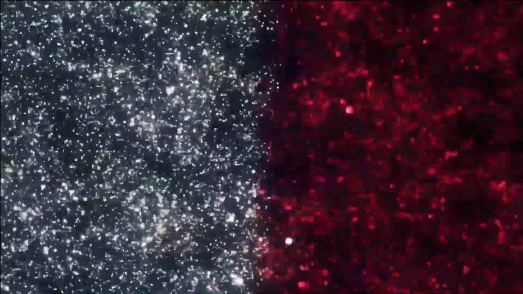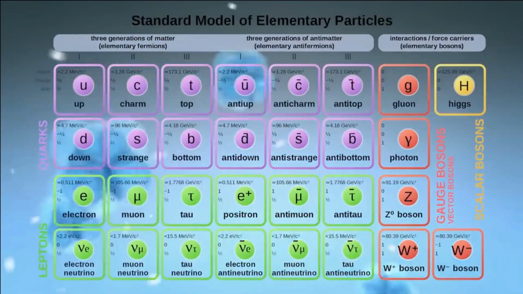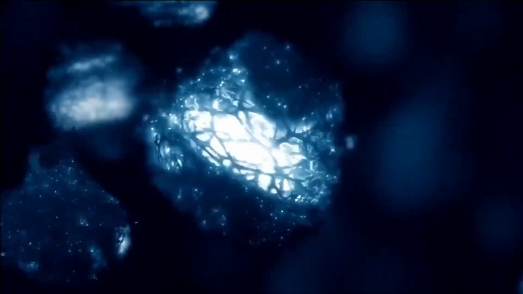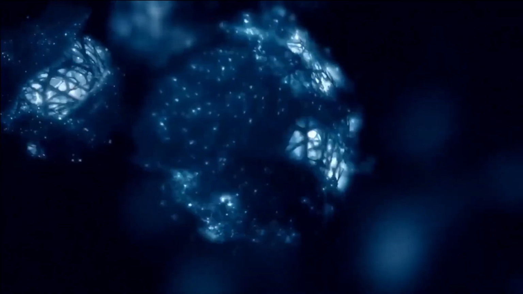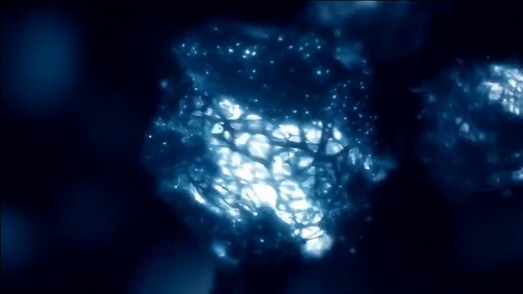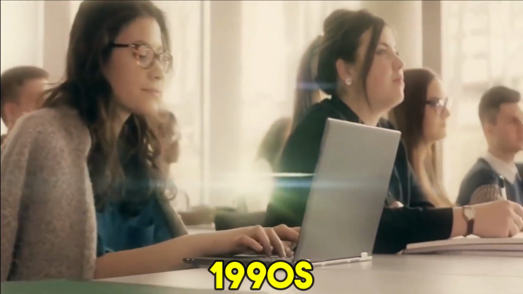Similarly, an electron would be a string vibrating in a different pattern. Right now, this idea remains a speculation, but if eventually it is proven, it means your apple and any other matter at all are made up of tiny strings vibrating in different patterns. This is the most basic explanation of string theory. But of course, it has quite a long history that dates back to the 1990s.